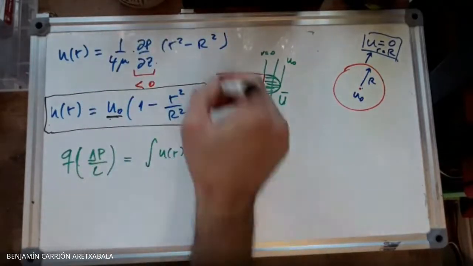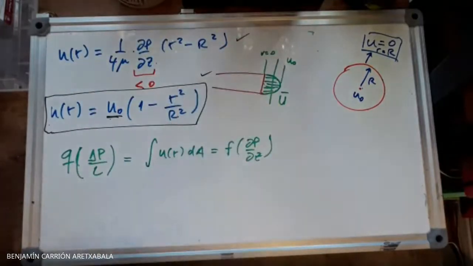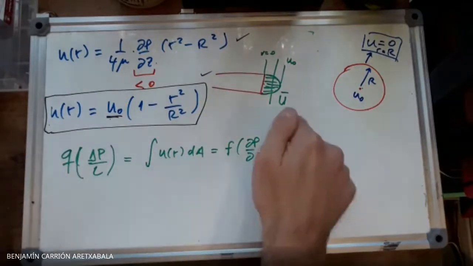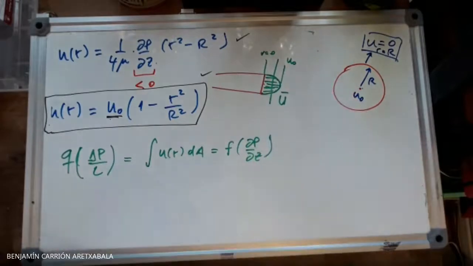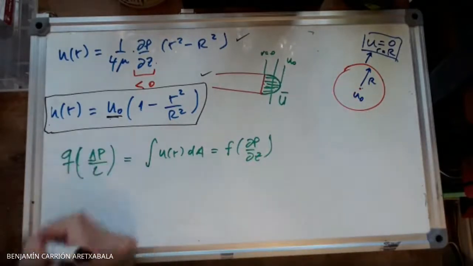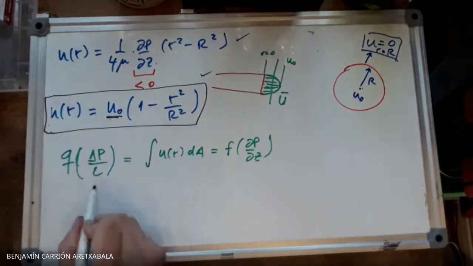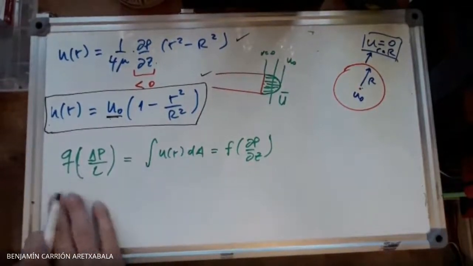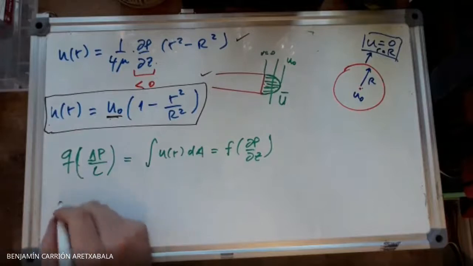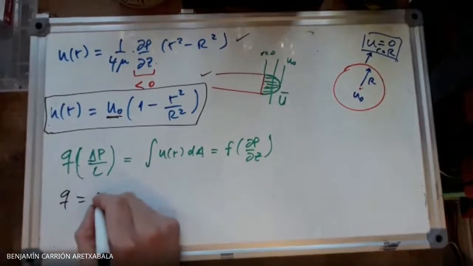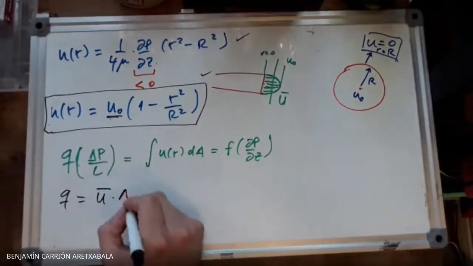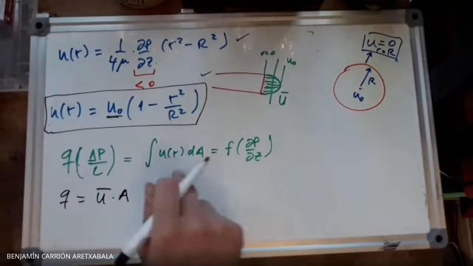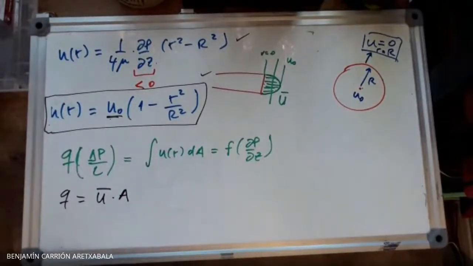This is also a good expression. Normally, you're also asked, what's the average velocity? So determine the mean velocity, or determine the flow. The flow is the integration of this, and also the flow is the average velocity times the area. So if you do one of those, you can do the other, right?